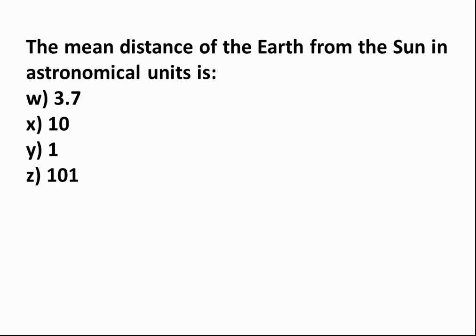The mean distance of the Earth from the Sun in astronomical units is W. 3.7. X. 10. Y. 1. Z. 101. Answer: Y. 1.